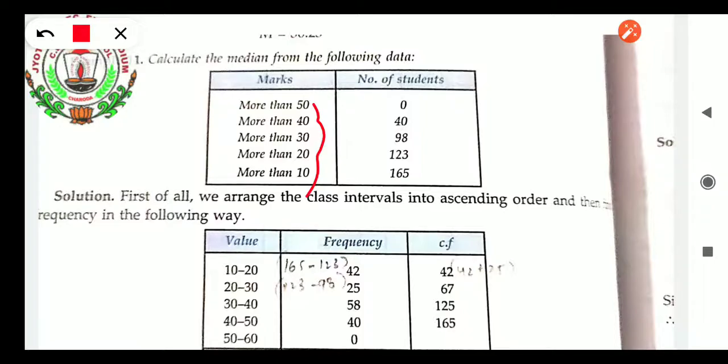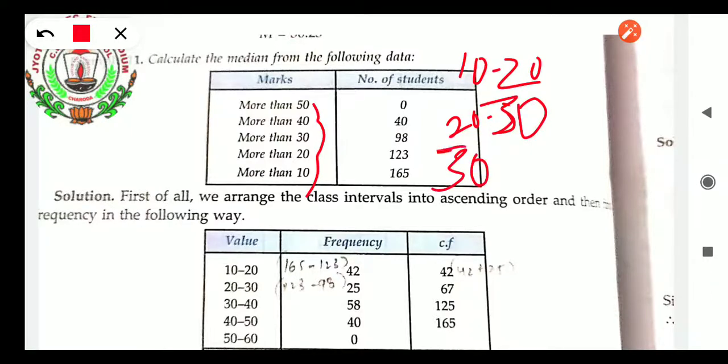More than 10 means the class will be in ascending order, but the class will be 10 to 20. The next class will be 20 to 30, the next class will be 30 to 40, then 40 to 50, and 50 to 60. This is the last class.